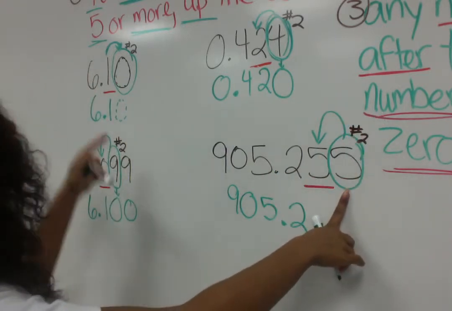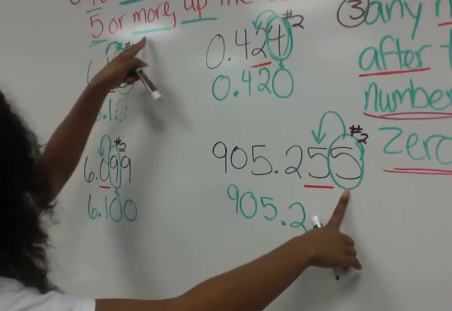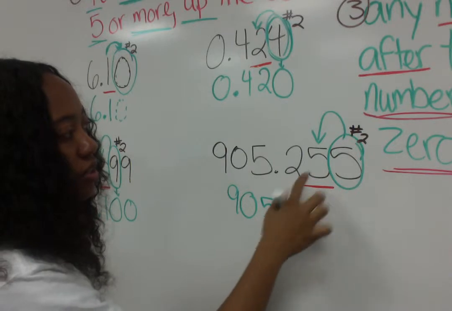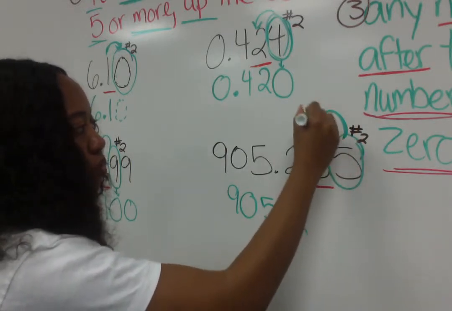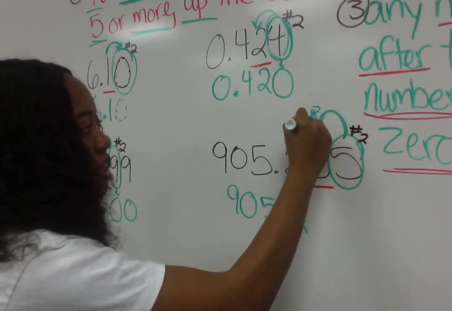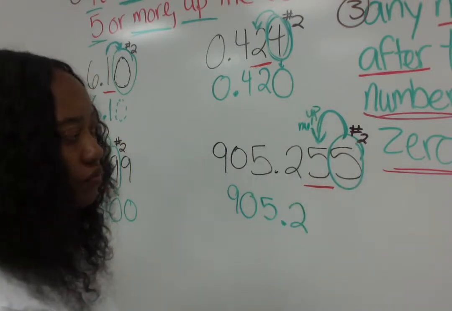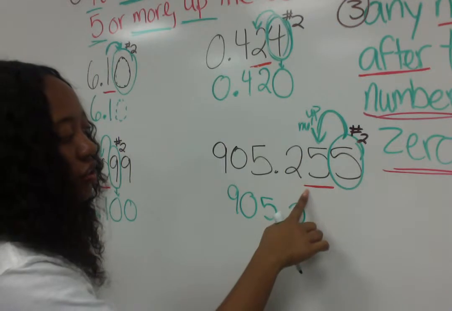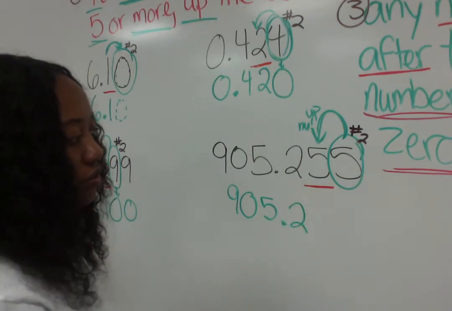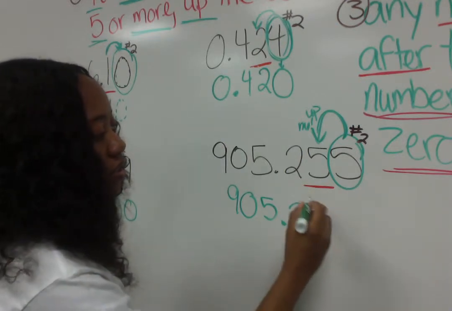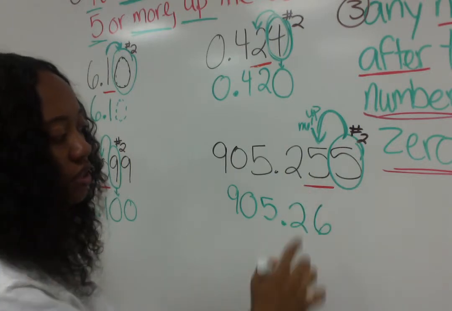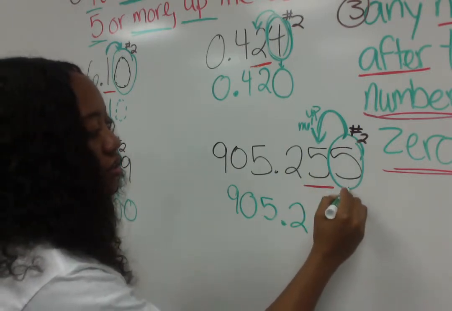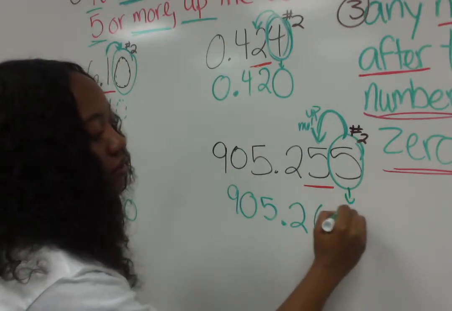I see a 5, so I'm going to follow the second sentence: 5 or more, up the score. You up this number. This underlined number is going to become a 6. 5, 6. After this, the 0 is going to come down and become a 0.